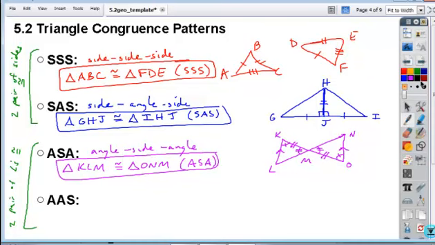All right, the last pattern is two angles and the non-included side. So angle, angle, side.